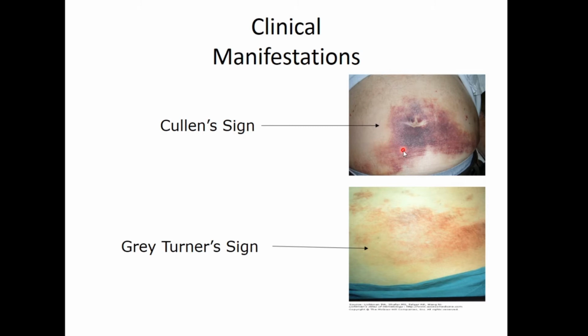And this sign is also seen sometimes in other cases, like ruptured ectopic, which is another area where it was typically described. In fact, it was first described in the case of ruptured ectopic. Okay, but Cullen sign is where you see this kind of hemorrhagic patch around the umbilicus. And the Gray Turner sign is where you see the same picture happening in the flanks.